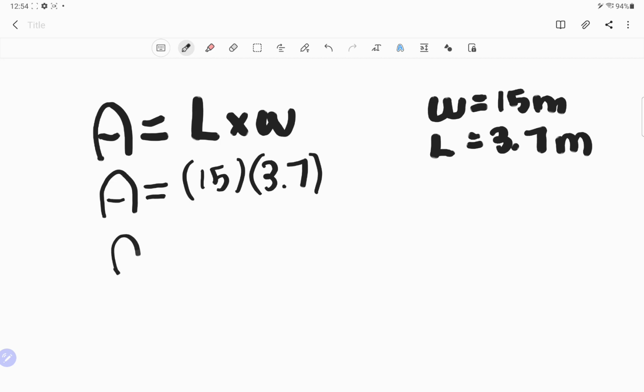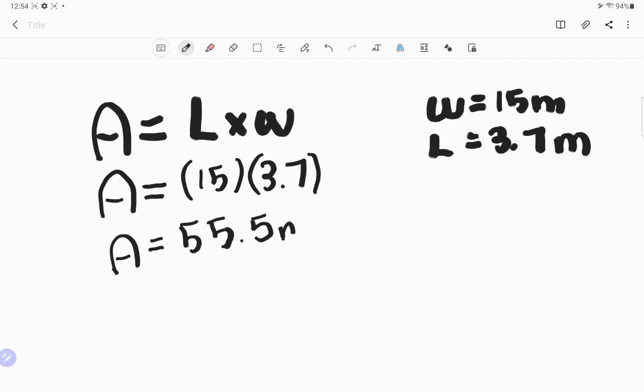Multiply them together, and I'm going to get area is equal to 55.5. Oh my god, that's a horrible 5. Let me read it again. Meters squared.